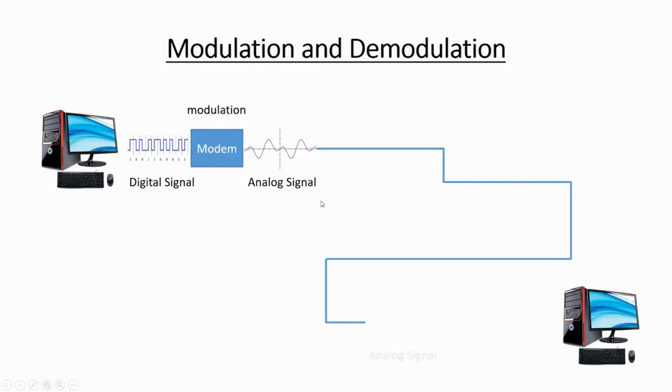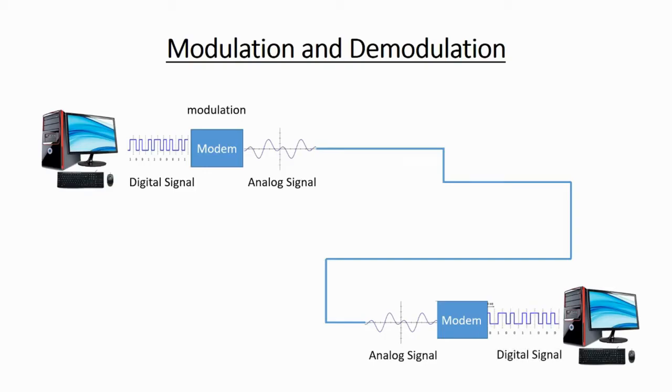The modem will take this analog signal and convert it into a digital signal, right? And this process is called demodulation. This is the reverse that we're doing. So the analog signal again gets converted into a digital signal, and then the server machine understands that signal. The reverse process is called demodulation, and this is called modulation.